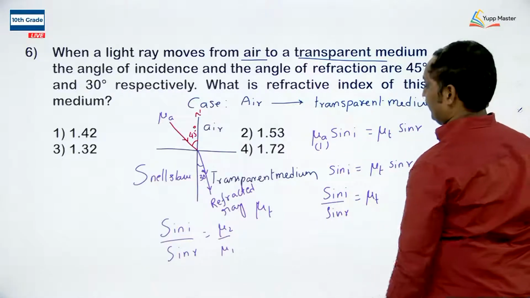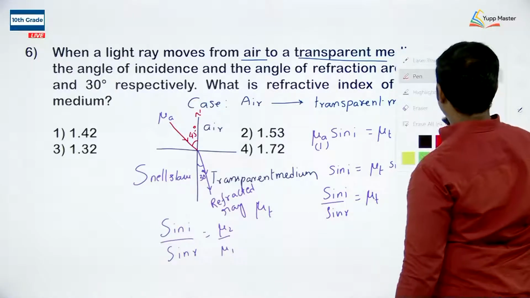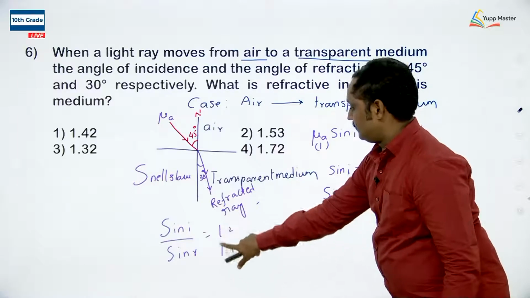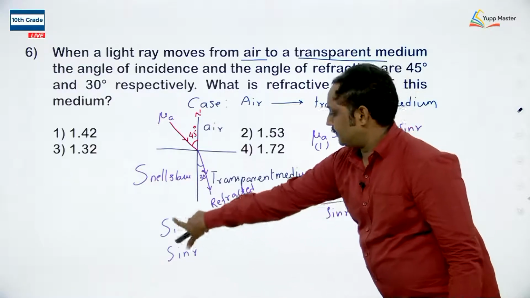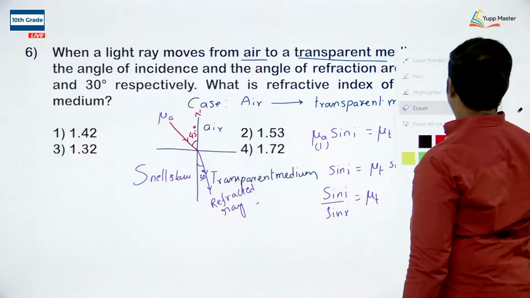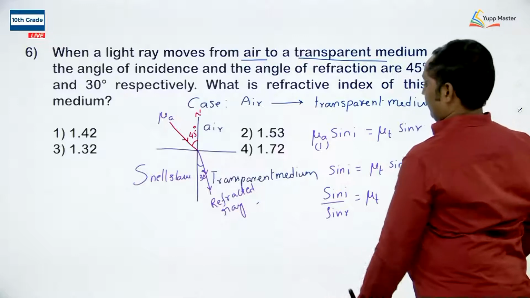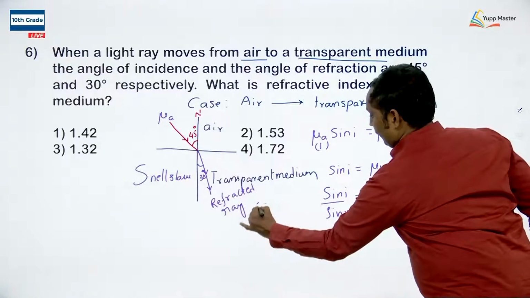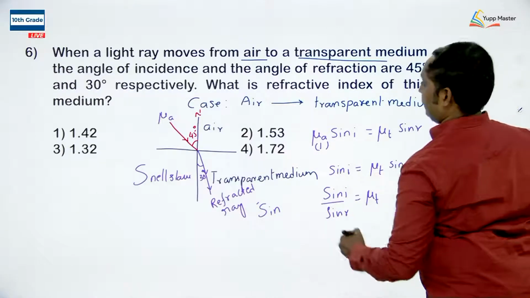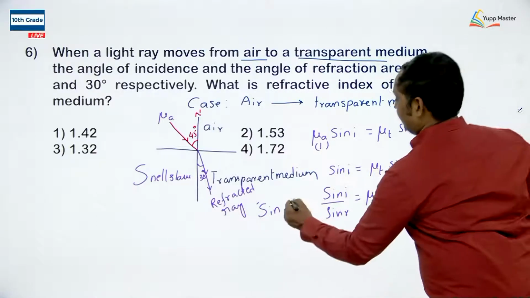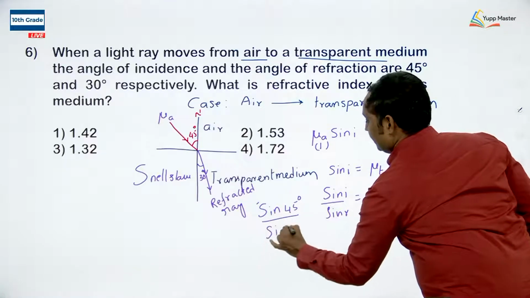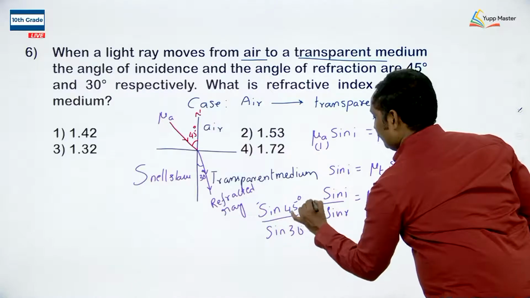Now, have a look at the substitution: the angle of incidence is 45 degrees, so sin 45 by sin 30 degrees is equal to mu T.